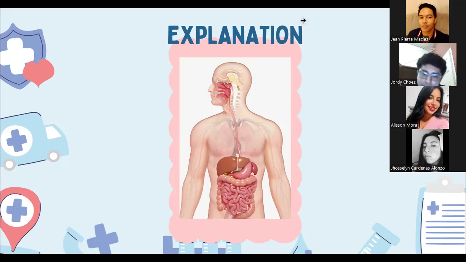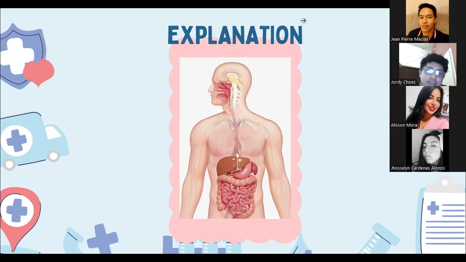the intestine. Through muscular contractions, the stomach mixes food with gastric juices composed of hydrochloric acid and enzymes like pepsin, which break down protein and form a semi-liquid mixture called chyme.